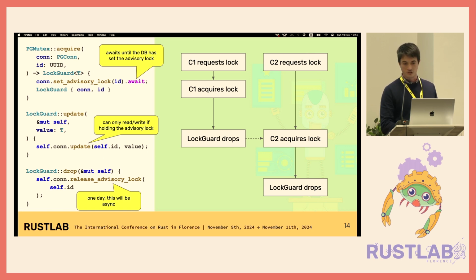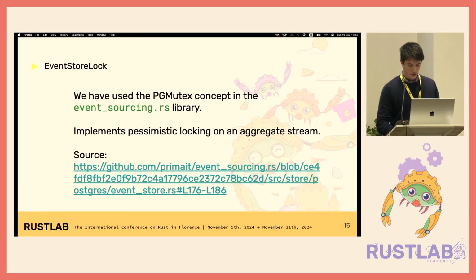This is really a contrived example, but it is a simplified case of what we actually do. We use this pattern in the event sourcing RS library that is open source, and we use it at our company. That's the source code if you want to see it.